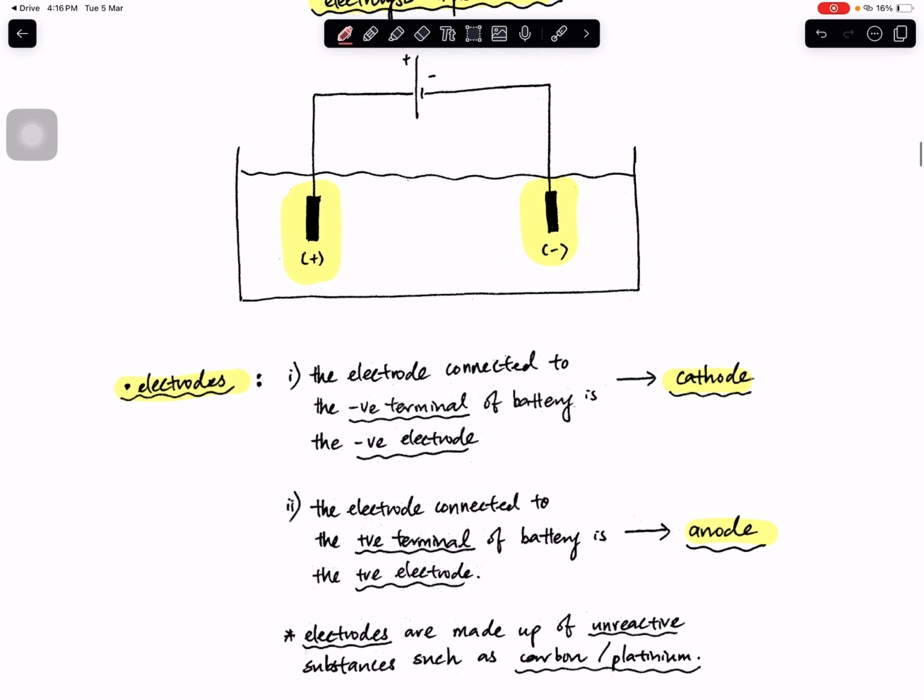For this specific experiment, whatever electrode is connected to the positive terminal will be the positive electrode, and whatever electrode is connected to the negative terminal will be the negative electrode. What I need you to remember is that the cathode will always be responsible for reduction, and the anode will always be responsible for oxidation. So reduction reactions always take place at the cathode and oxidation takes place at the anode.